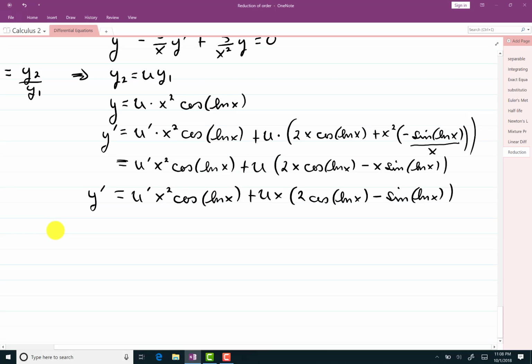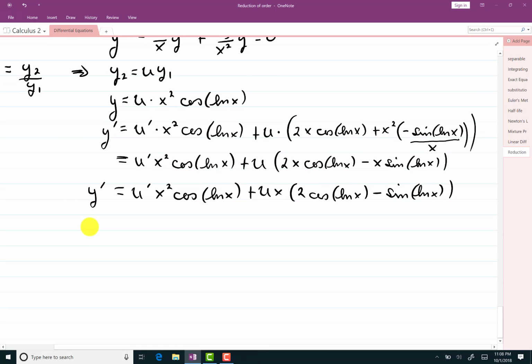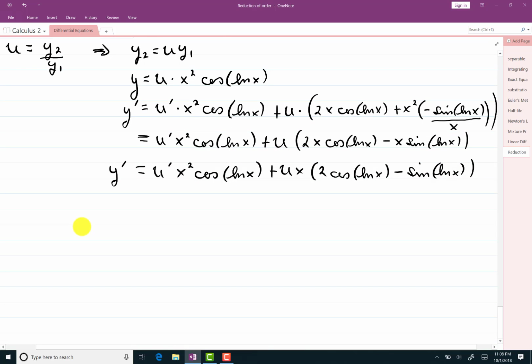All right, so let's go ahead and hit y double prime. I'm not sure how far over I want to go with this, how small I need to go, but this is not going to be pleasant. Y double prime. So we'll start here on this first piece.